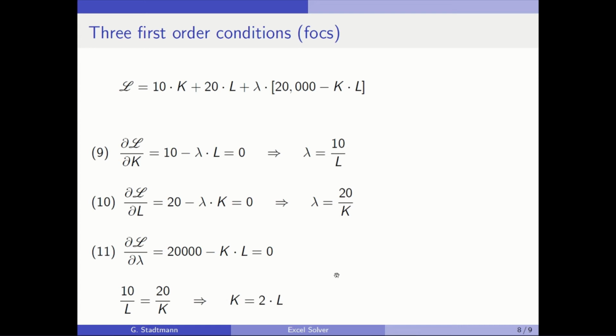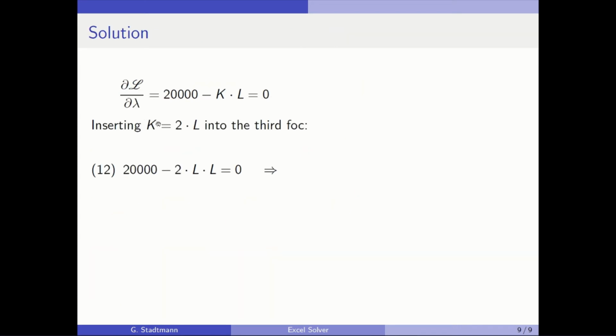On the next slide, we can already come up with the overall solution. We have to insert this relationship, K is equal to 2 times L, into the third first order condition. So instead of this K here, we are inserting 2 times L. So we get 20,000 minus 2 times L squared should be equal to 0.